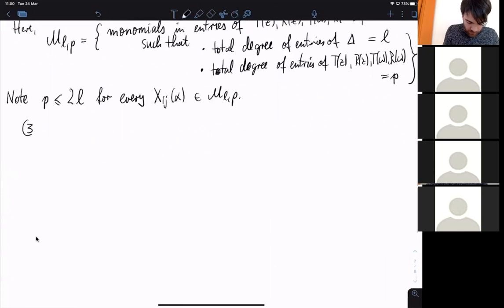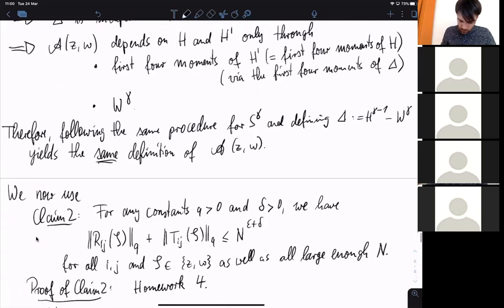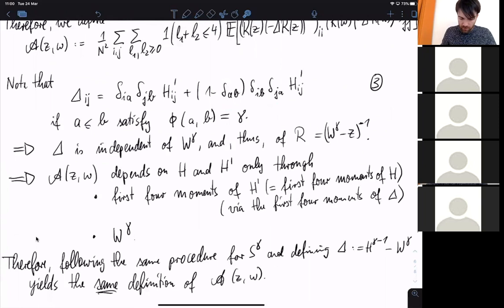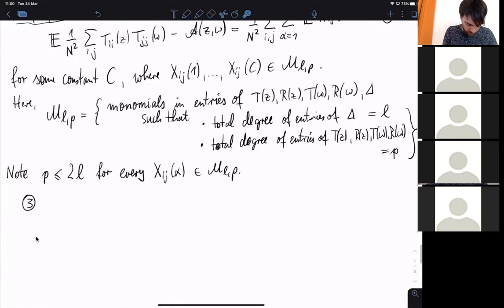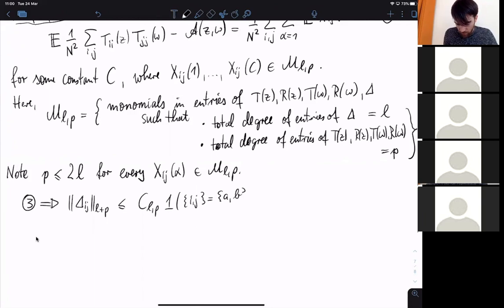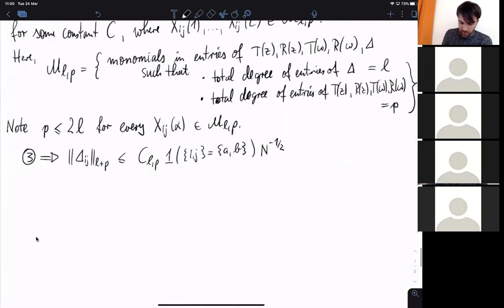So from this equation 3, which is the property of the delta, we get the following. Namely, if I look at the L plus P norm of this entry, then this is smaller than some constant which depends on L and P, times the characteristic function that I and J is the same as AB. Remember, that was the argument where phi is equal to gamma. And then there is an n to the minus 1/2.